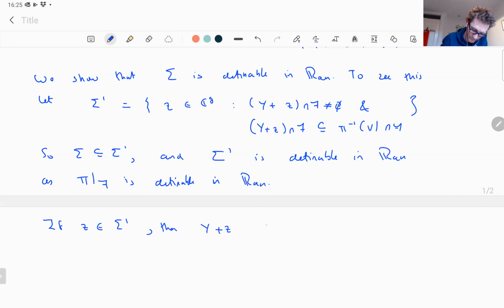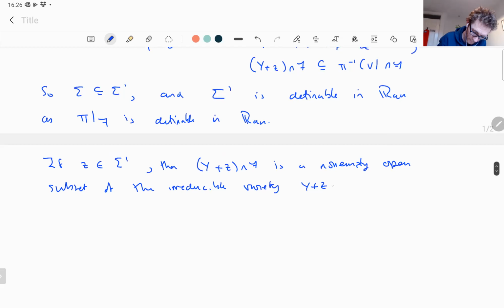So if z is in sigma prime, then Y plus z intersect F is a non-empty open subset of the irreducible variety Y plus z.